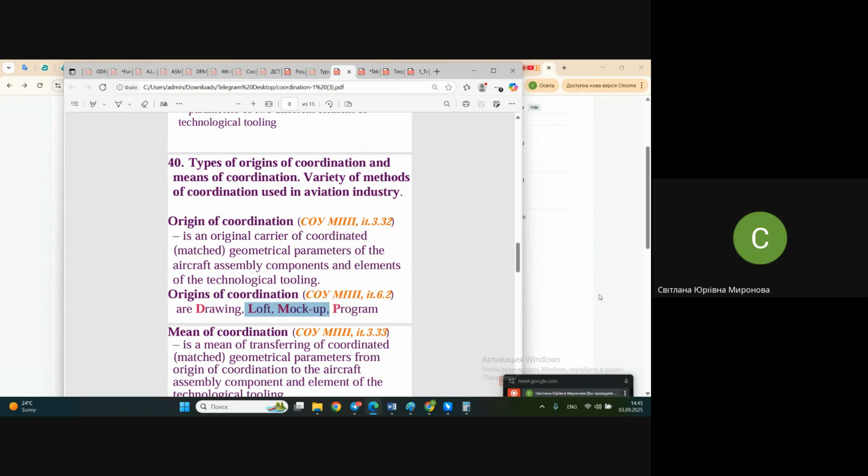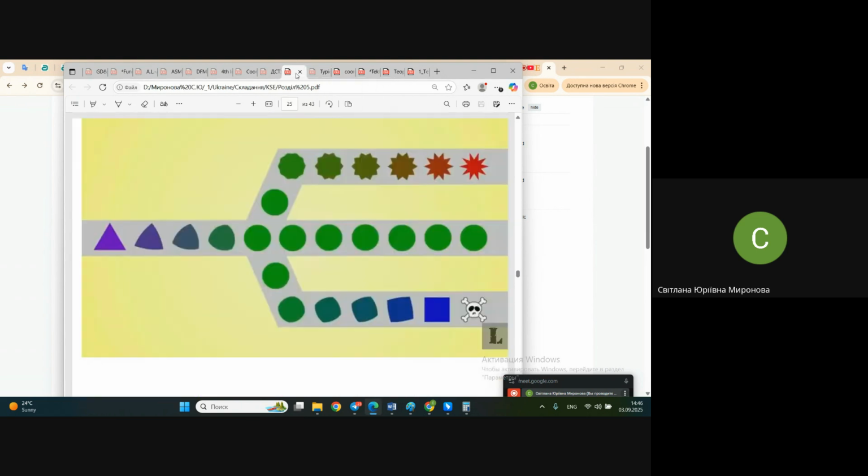Look, the very first loft in this picture. Again, it's not a picture from an engineering book. It's a picture about the theory of evolution. Here you have some origin of information, and next you start copying these origins of information into, for instance, theoretical loft. Theoretical loft is copied into design loft.